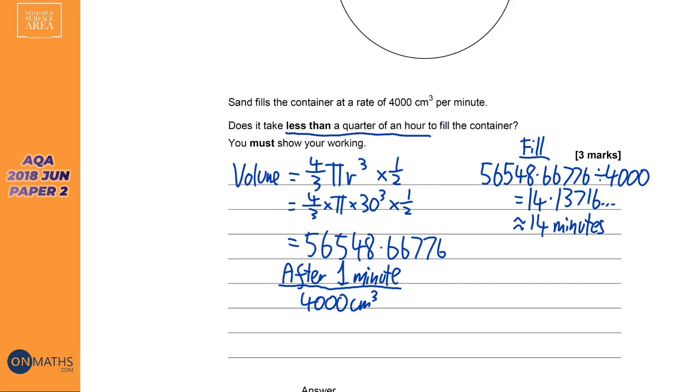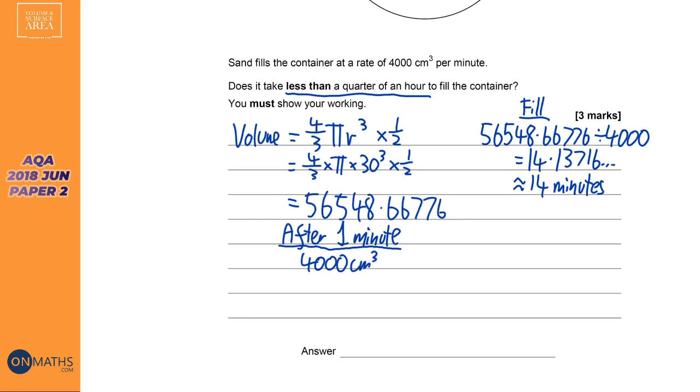Well, a quarter of an hour is 15 minutes. So the answer is yes, because roughly 14 minutes is less than 15. So I could even show that here, saying that that is less than 15 minutes, and make it really clear that I've understood that 14 is less than 15 minutes, therefore yes it does.